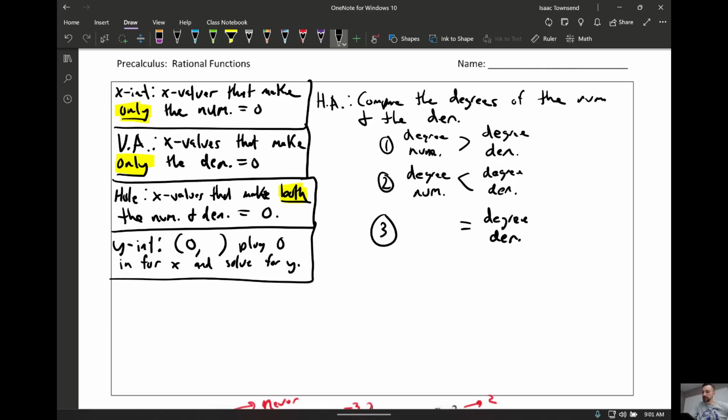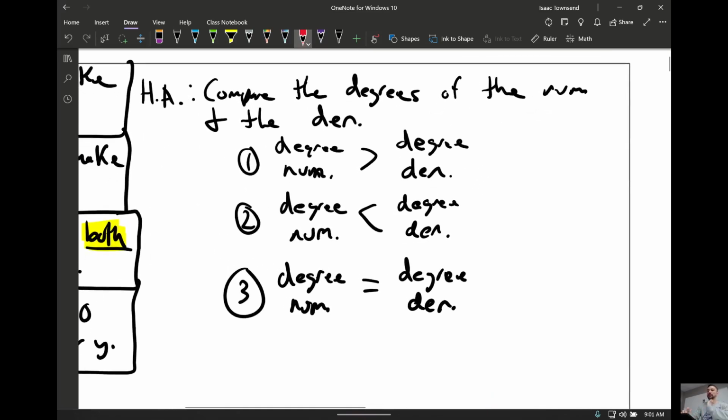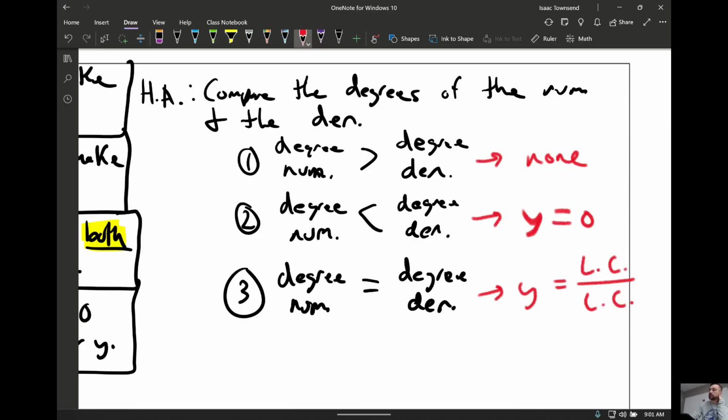3 possibilities, that's why we have to memorize 3 rules. When the degree of the numerator is bigger, you don't have a horizontal asymptote. Degree of the denominator is bigger, it's y equals 0. And when they're equal, it's y equals the leading coefficient of the numerator over the leading coefficient of the denominator.